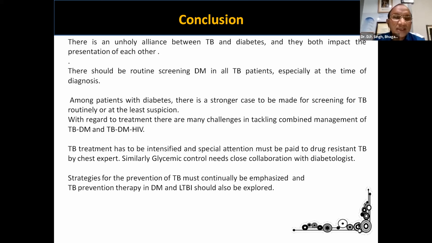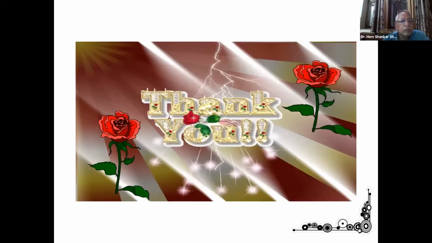And the strategy will be that prevention of tuberculosis must continuously be emphasized. Even in India, TB preventive therapy in latent tuberculosis should also be explored, although it is not given. Thank you very much.